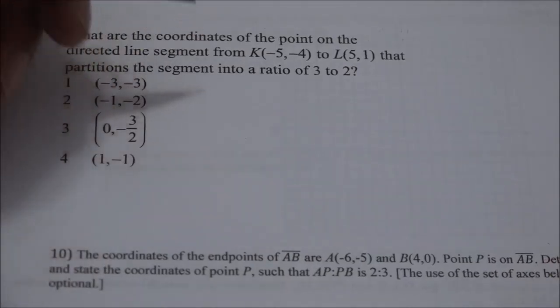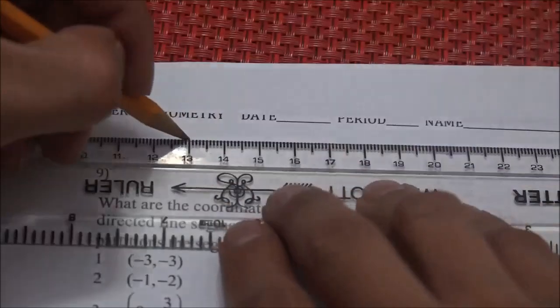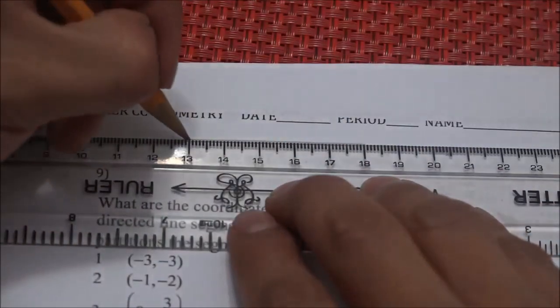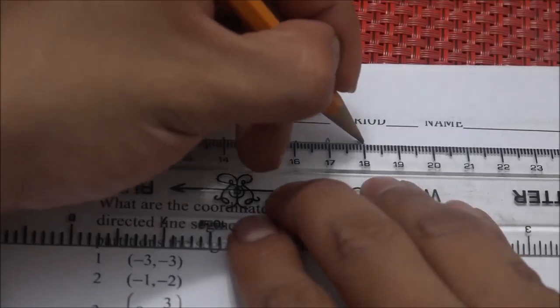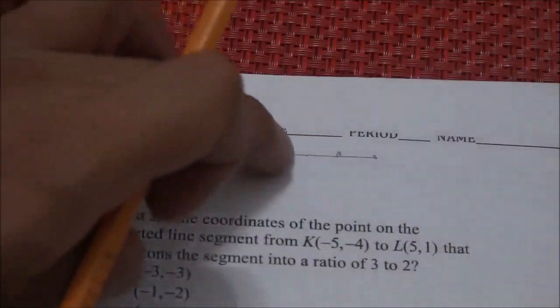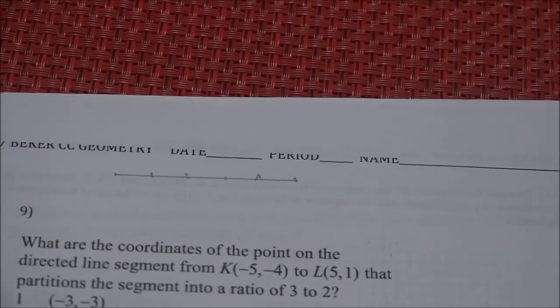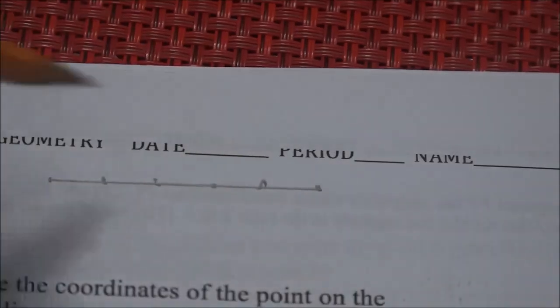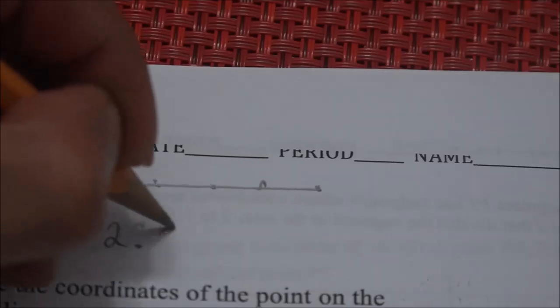Okay, so if you have a line segment, and now I'm sorry, I'm gonna write over here. So let's say I have a line segment. So 1, 2, 3, 4, 5. You have a line segment, and I am going to divide this in a ratio of 2 to 3.